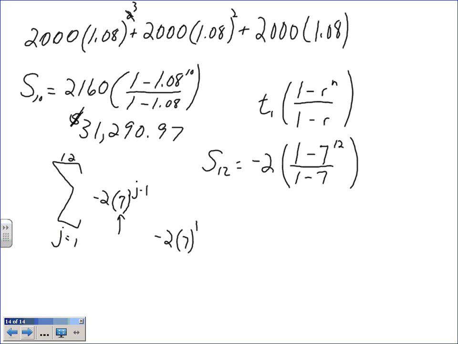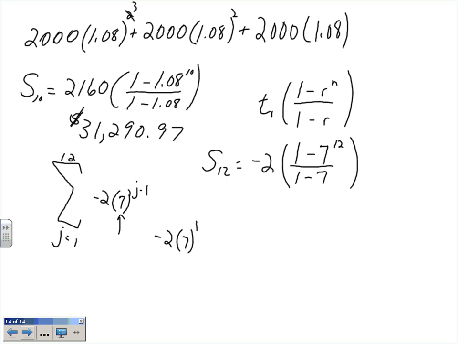Take a look at this problem. Before I do this in the calculator, is my answer going to be a positive number or a negative number? It's going to be negative because inside the parentheses, I'm going to have a negative divided by negative, which is a positive, and then multiplied by -2. So in my calculator now, I'll do 1 minus 7 raised to the 12th power.